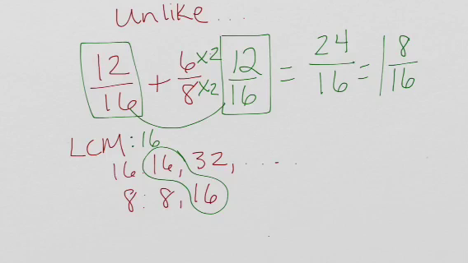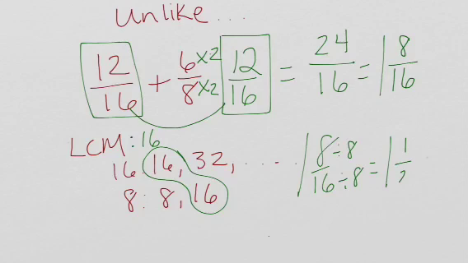You're absolutely right. I can simplify this. So 1 and 8/16 can be divided down into a simpler fraction. If I divide both fractional parts by 8, that simplifies my fraction to 1 and 1/2.